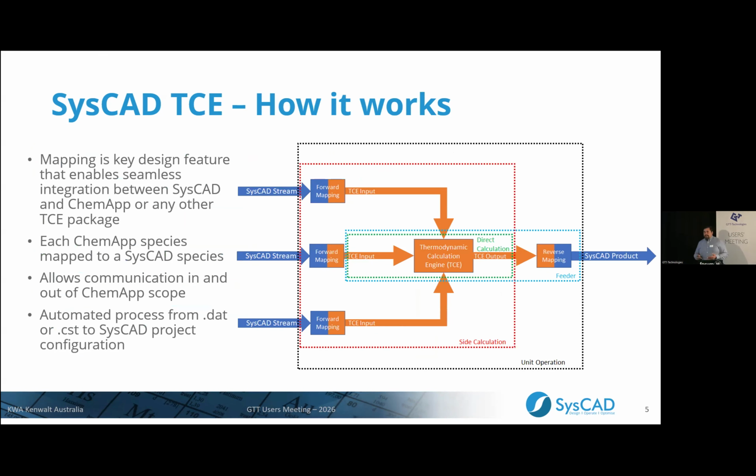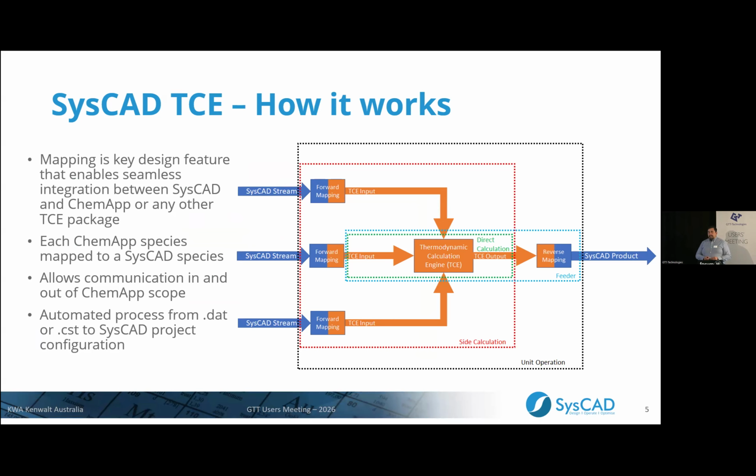So how does it work? I'm going to show more examples of the different unit models that we have for thermodynamic calculation engines, in particular with ChemApp. But in general, and as I mentioned, ChemApp is part of the family of different TCEs.